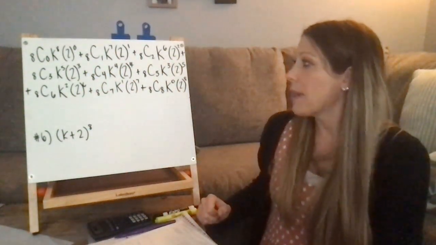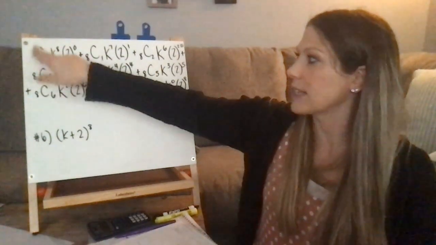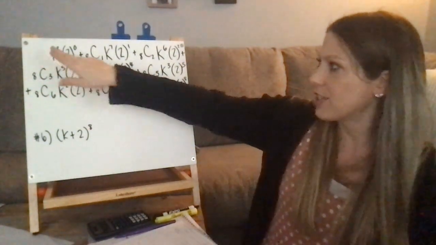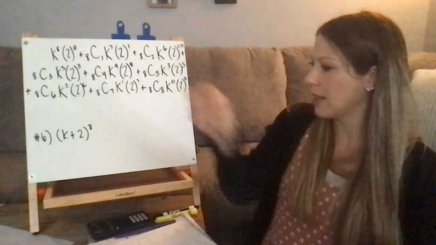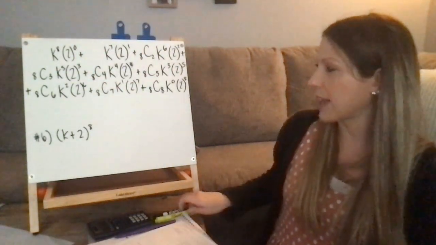So if I were going to calculate this, first I'm going to start by changing all of these combinations. So 8 choose 0, 8 choose 1. We're just going to take care of all those.